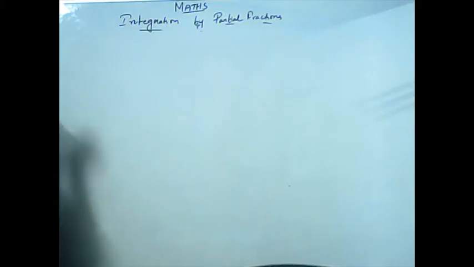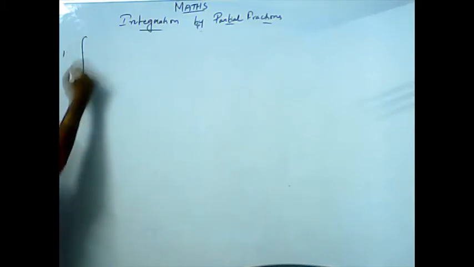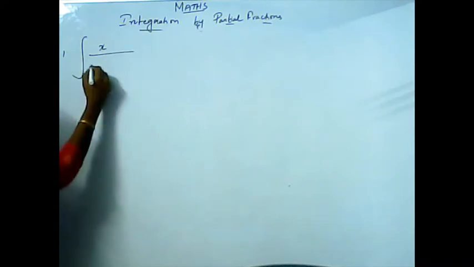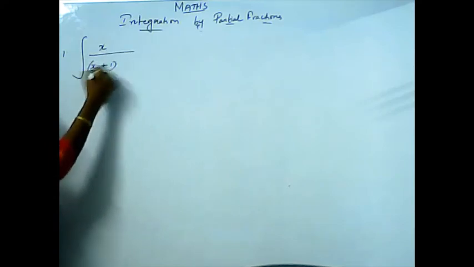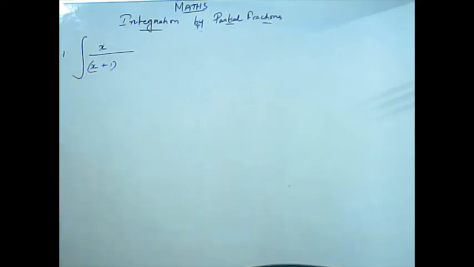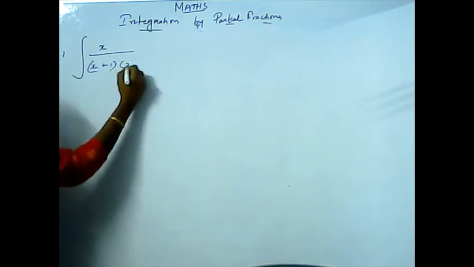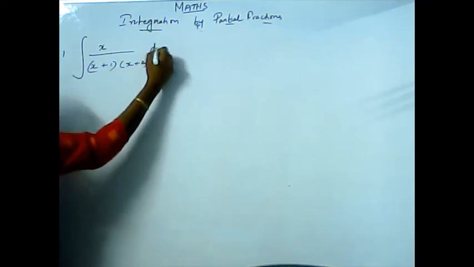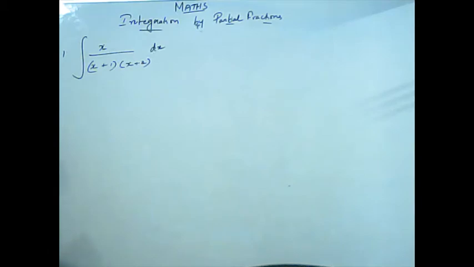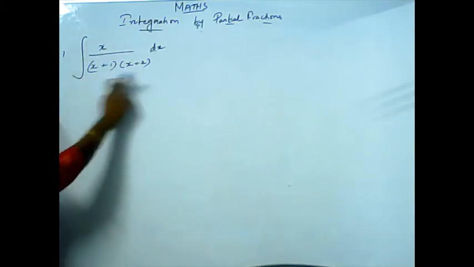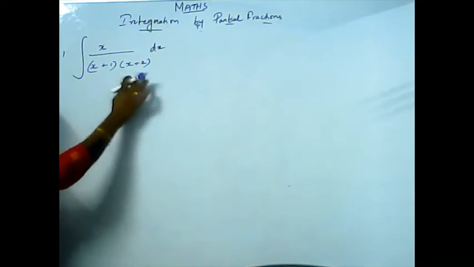Let's take an example: the integral of x divided by (x plus 1) into (x plus 2). So how to simplify this? You can see that it is of the form px plus q by (x minus a) into (x minus b), which is a form of two factors.